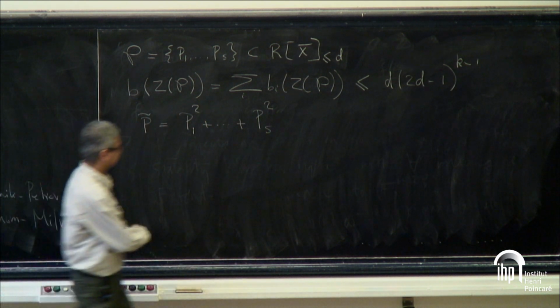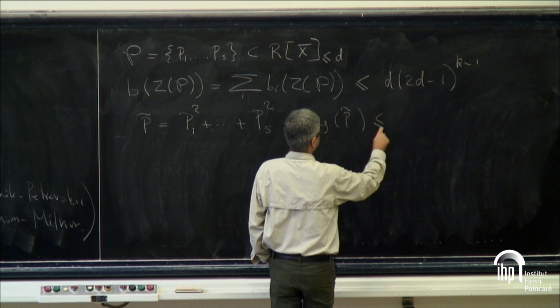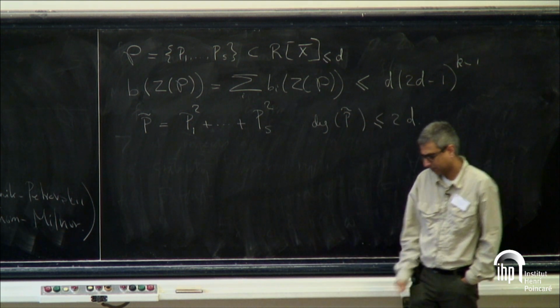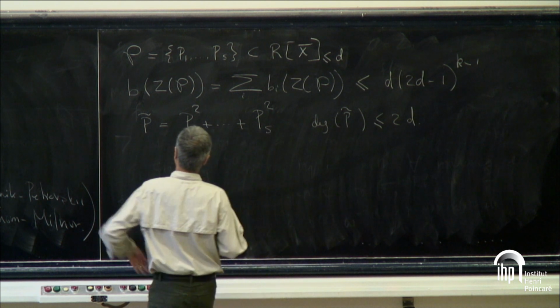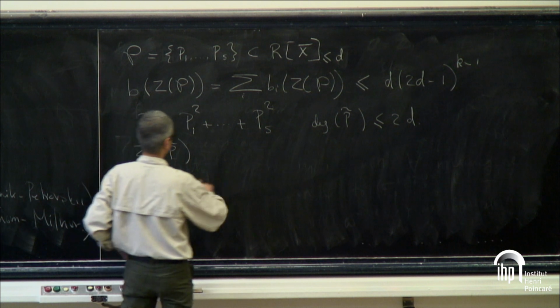And the degree of this sum of squares is at most 2d. And just to simplify the ideas, let's assume that this variety here is bounded.